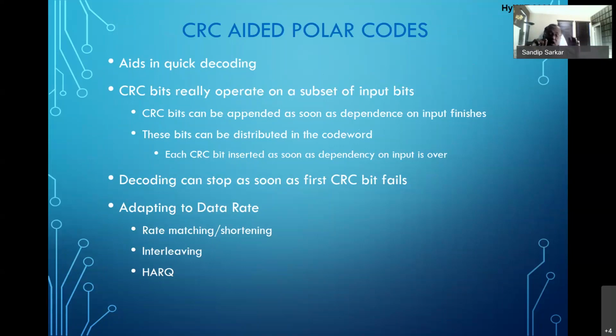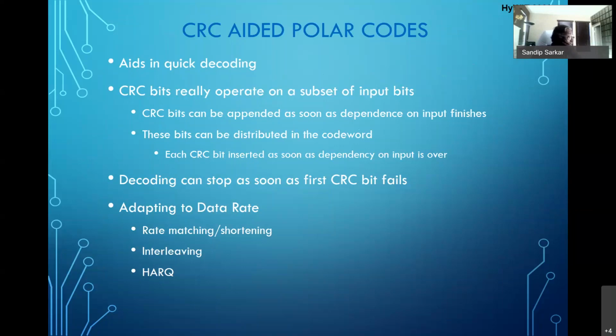So after the effect of the first CRC bit is over, we can effectively put in the first CRC bit. Then after the effect of the second is over, we can put in the second CRC bit. So instead of having all the CRC bits at the end, we can distribute them along the codeword. What does it do? Well, if any of these CRC bits don't pass, you know that you have made a mistake. So you can quickly abort the decoding.